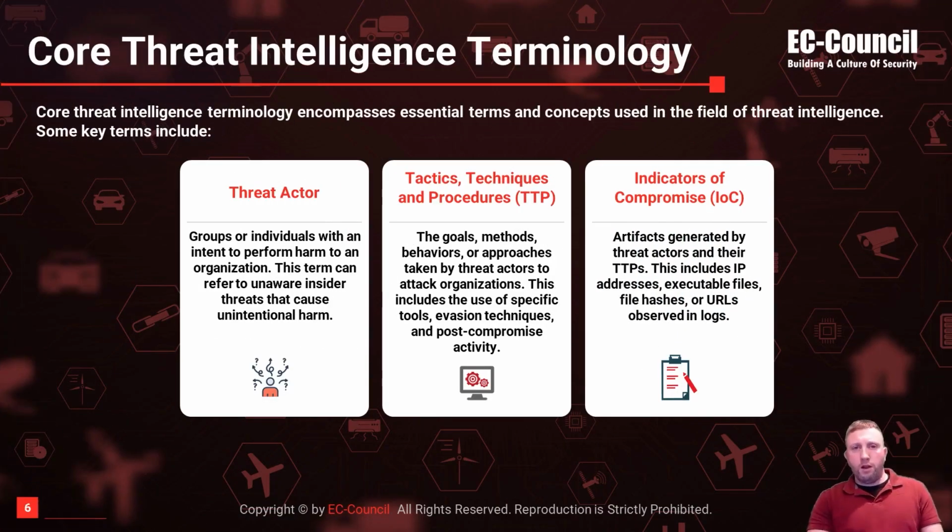When we look at and think about core threat intelligence terminology, what we're really thinking about are threat actors, their tactics, techniques, and procedures, the indicators of compromise or the artifacts that they leave behind, more advanced threat actors called advanced persistent threats, the dark web where all of these threat actors sort of communicate and congregate, and the threat landscape, which is this dynamic shifting environment that the organization must continually contend with.